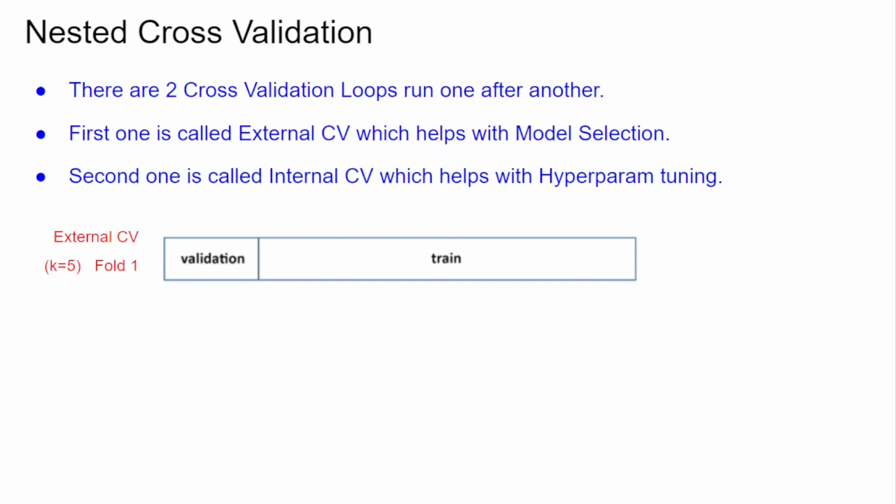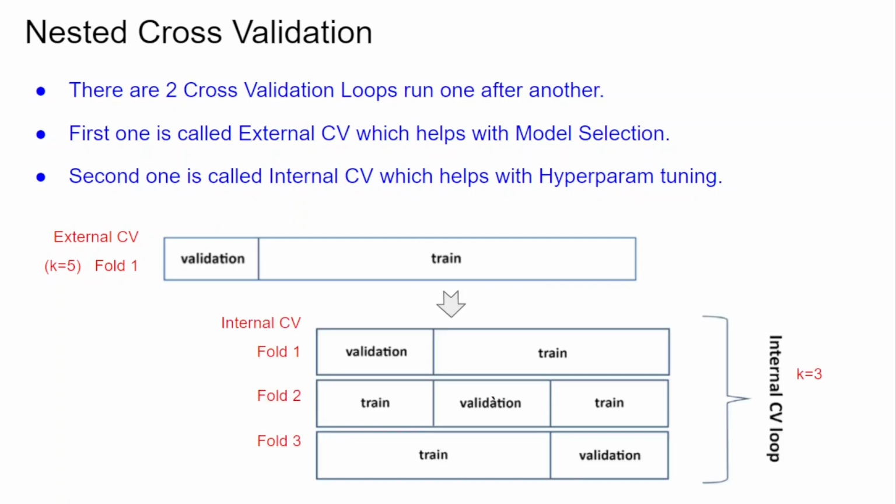In the external cross-validation, which is the first iteration, for, let us say, a 5-fold cross-validation strategy, a validation fold is chosen. Obviously, the training fold is the rest of it. That training portion goes straight into the second iteration, where the internal cross-validation is applied.